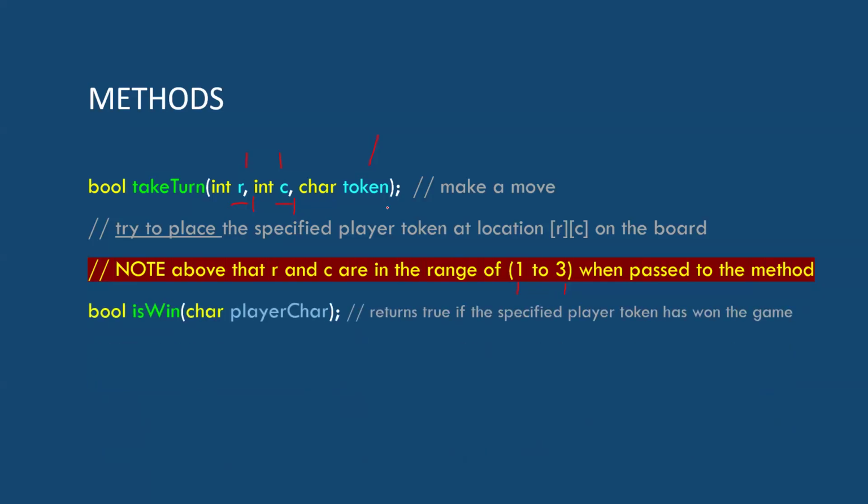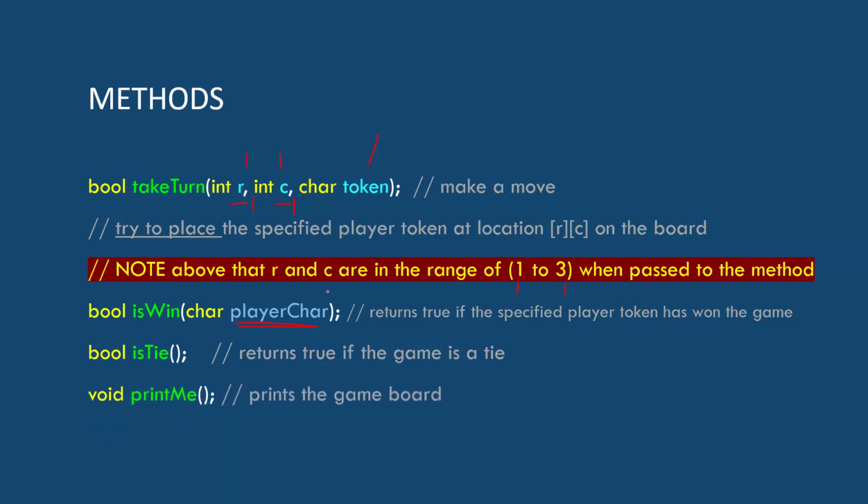Is when, return true if this character has won the game, okay? Could be an X, could be an O, okay? But make sure you check that character, okay? Is tie is a little trickier. Return true if the game is a tie, okay? So you'll have to maybe think about that a little bit.